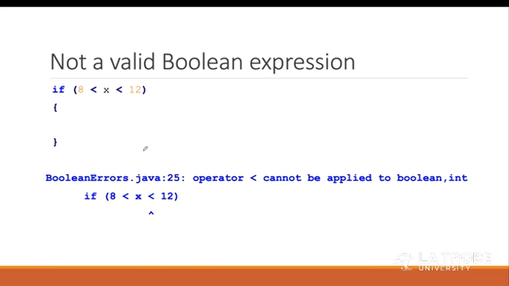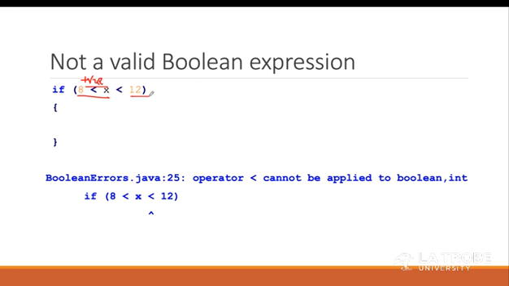Now for this one, this is not a valid Boolean expression as well. Why? Let's say it will start the execution from here. It will check if 8 is less than x. Let's assume that x's value is 10. So if 8 is less than x, this will give you true. But then you are comparing true is less than 12.